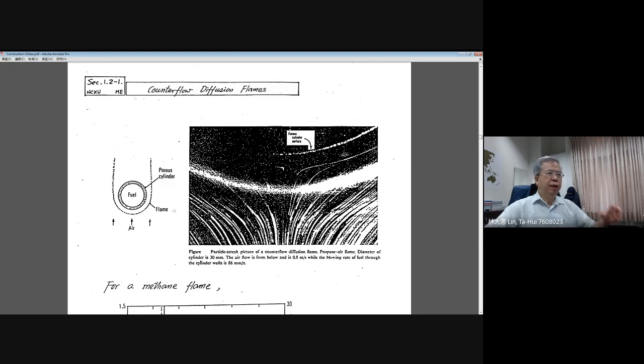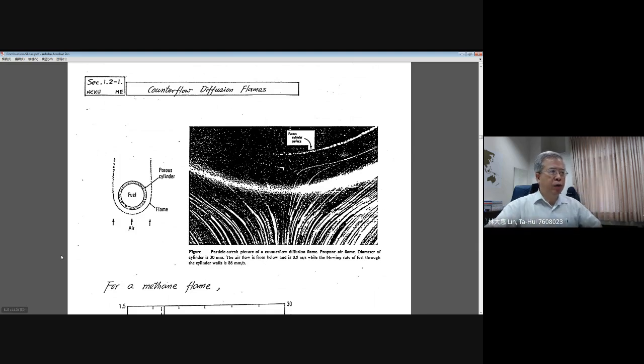Actually, you can think of this fuel supply as just like a cylinder, but with a porous wall, and the porous wall means you can have fuel coming in through the tube, and it will inject out through the porous medium, and this fuel will meet two streams of air coming from the lower part, flowing upward to meet with the fuel injected out from the porous surface.